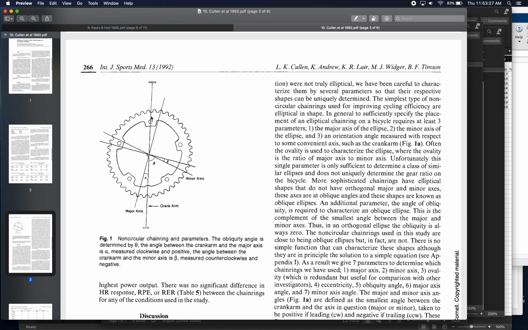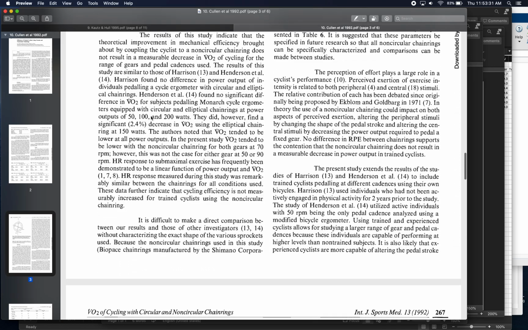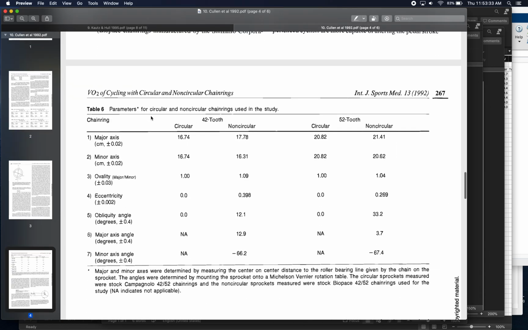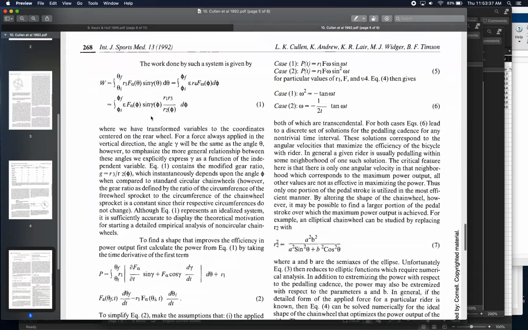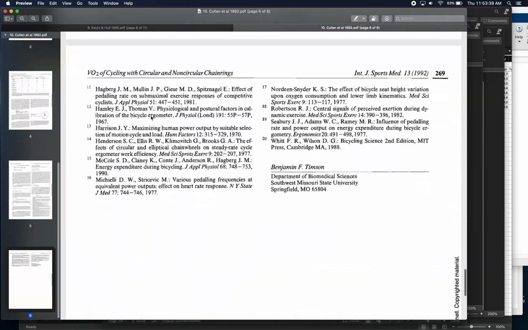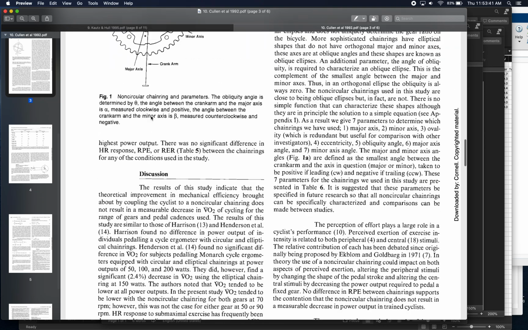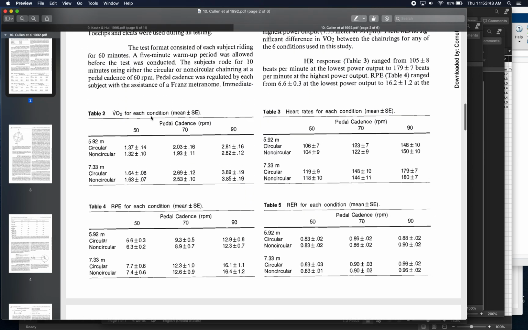So what did they see with the circular chainring versus the non-circular chainring? Not much. It's highlighted in the results, table 2 through 5 actually.